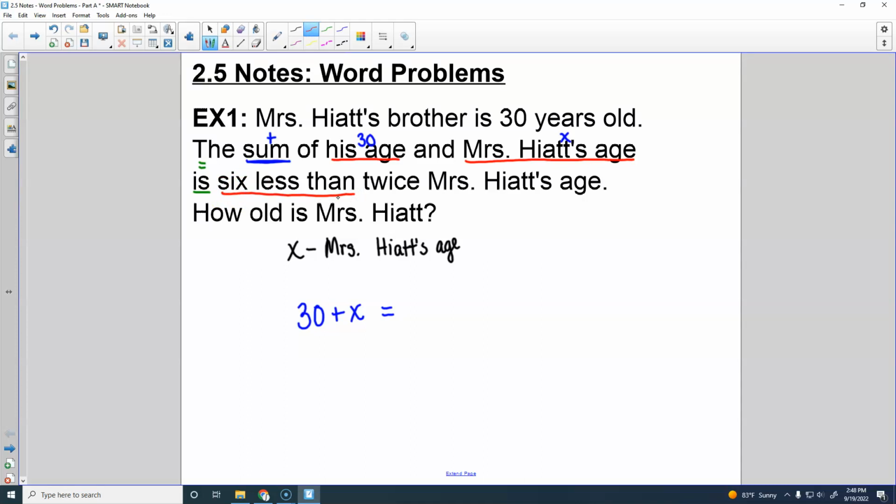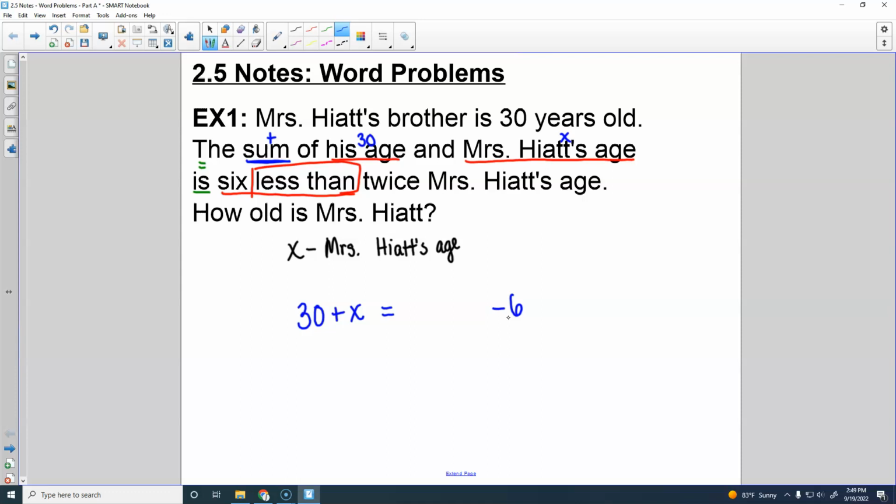What does less than tell me to do? Subtract. But when I see less than, okay, is it 6 minus? It is not. It means I'm subtracting 6 from the end. So I'm going to leave myself a space right here and put a minus 6 over here.